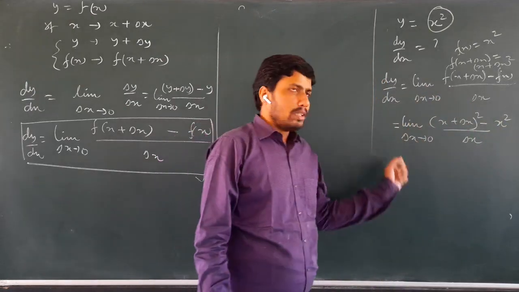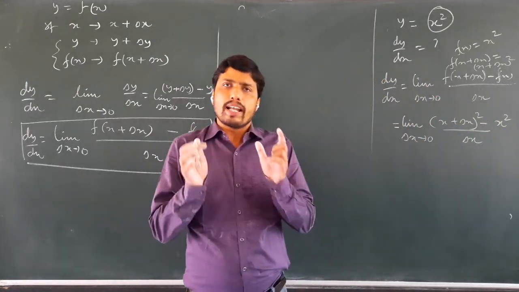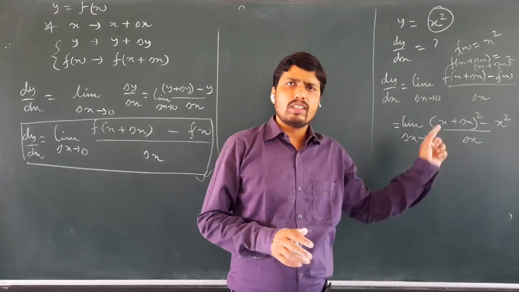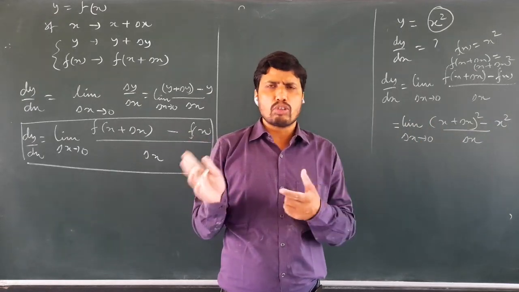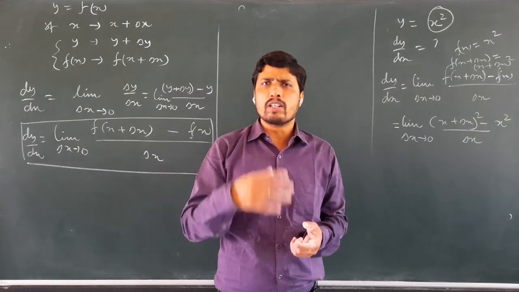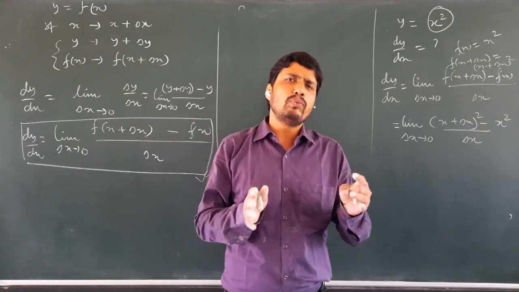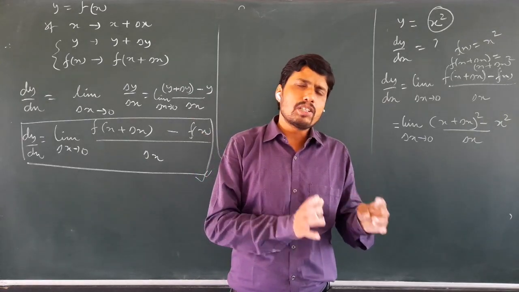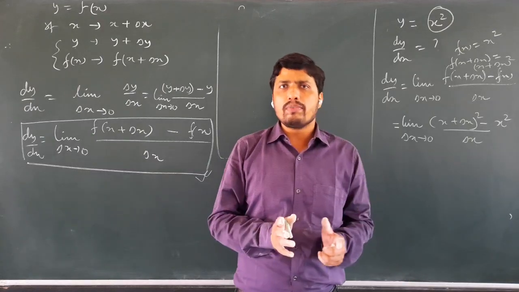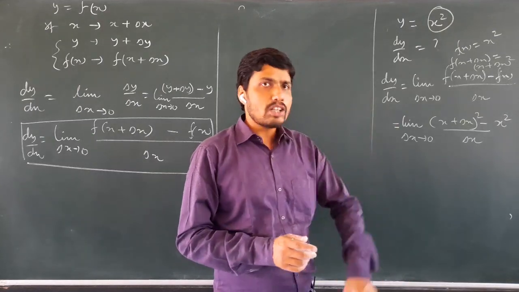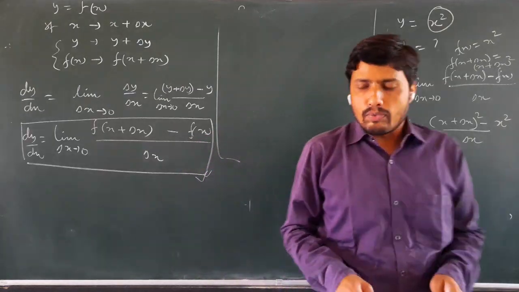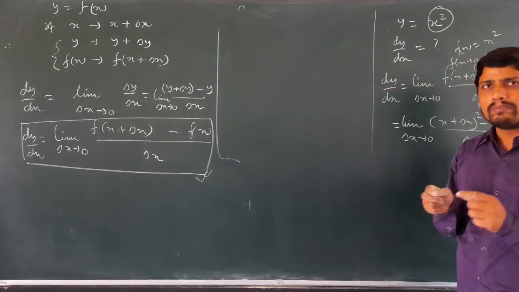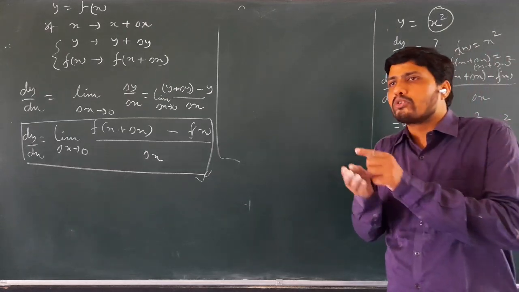Now to solve this limit, how to solve? Try to simplify this using algebra. Cancelling positive and negative, then cancelling numerator and denominator if possible. Try to simplify as much as possible. After you have simplified this expression, in the last step you will put delta x is equal to 0. See, when I say delta x tends to 0, it means delta x has approached 0.